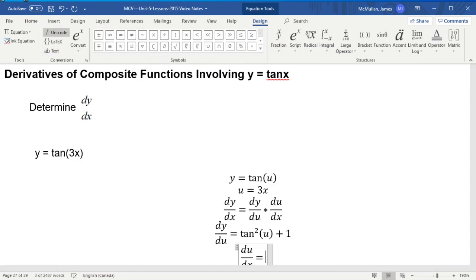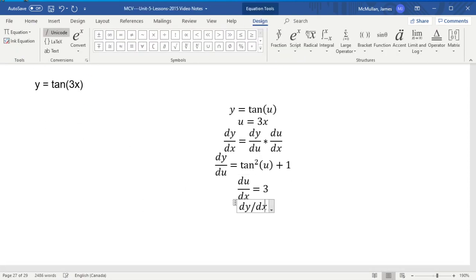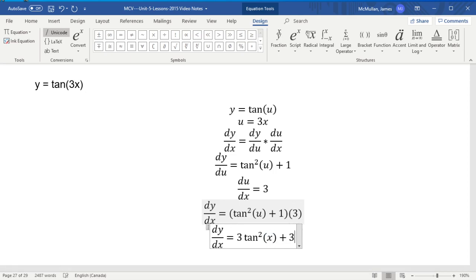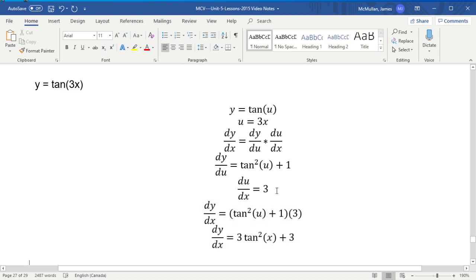And du dx is obvious here, it's just 3. So the derivative I'm going to get, dy dx, is equal to bracket tan squared u plus 1 all times 3. So I get dy dx is equal to 3 tan squared x plus 3. Okay, and that's the correct derivative for tan 3x.